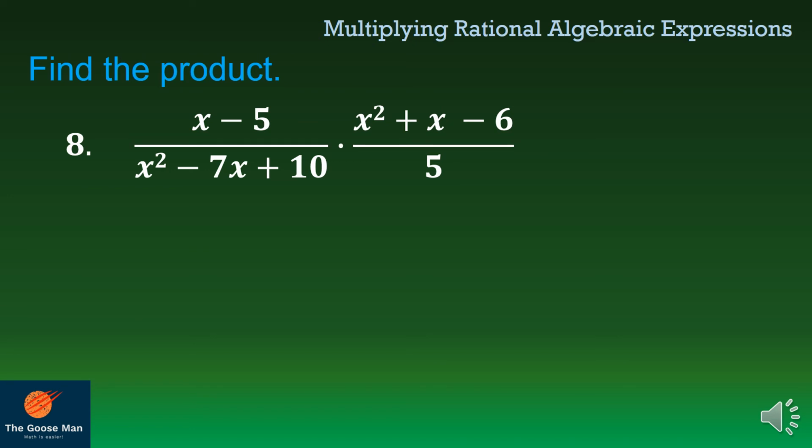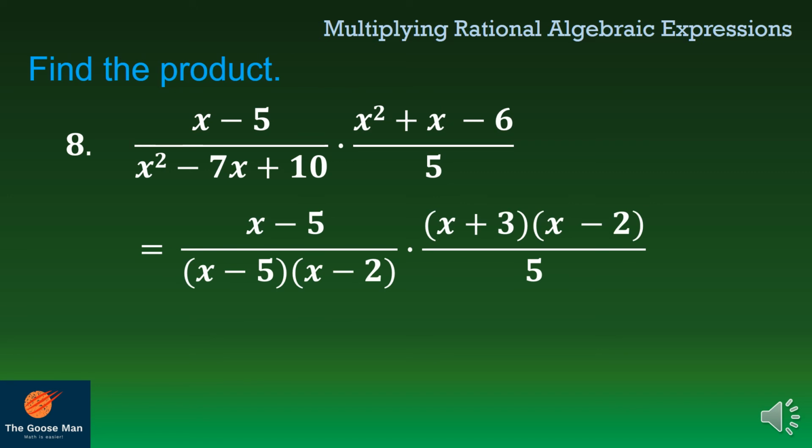So x squared minus 7x plus 10 can be factored as x minus 5 times x minus 2 because the factors of 10 are actually 5 and 2. And since the middle term is negative, both of them are actually negative. And if we add together negative 5 and negative 2, this will give us negative 7. So these are the factors of our denominator x squared minus 7x plus 10.